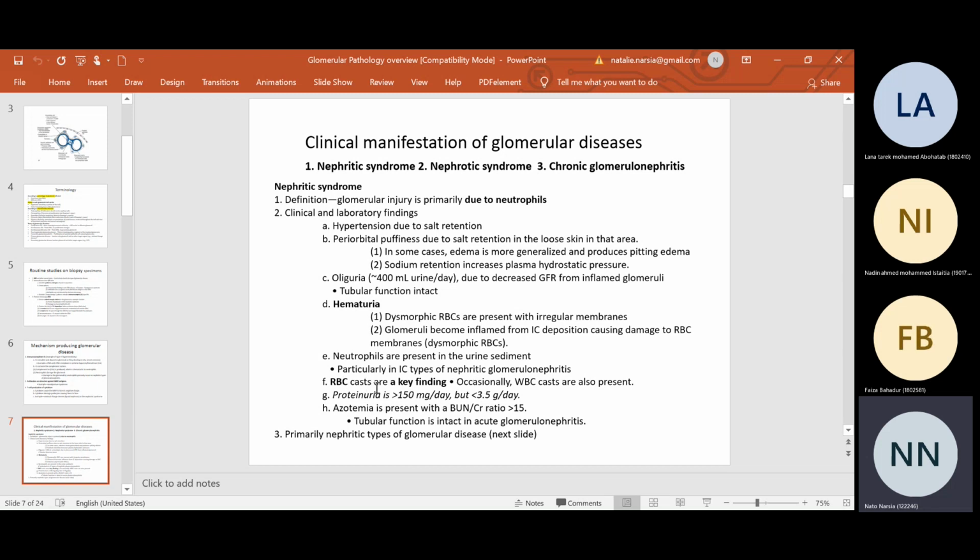Red blood cell casts I mentioned already. Key finding, occasionally white blood cell casts are also present. That is also important information where students get confused, okay? You might find casts. We are not talking about red blood cells, but we are talking about casts, okay? Red blood cell casts you definitely need to find, but occasionally white blood cell casts are also present. Neutrophils are white blood cells.